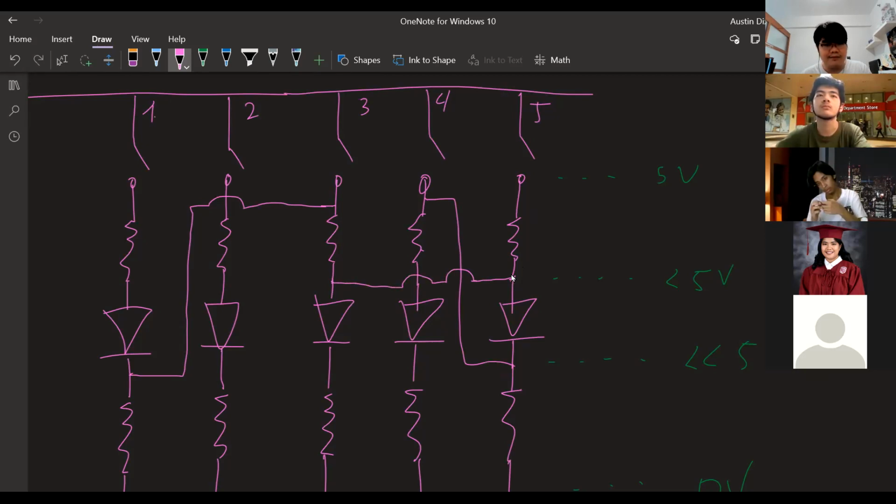Papunta dito. Okay, now, this is less than 5 volts. Dadaloy siya dito, dadaloy din siya dito. Less than 5 volts, tapos less than 5 volts ulit. Punta ako dito. And kapag pinindot ko to, so less than 5 volts na yung makukuha ko kasi ilang resistors din na alam ko. Okay, so less than yung makukuha ko. Okay?